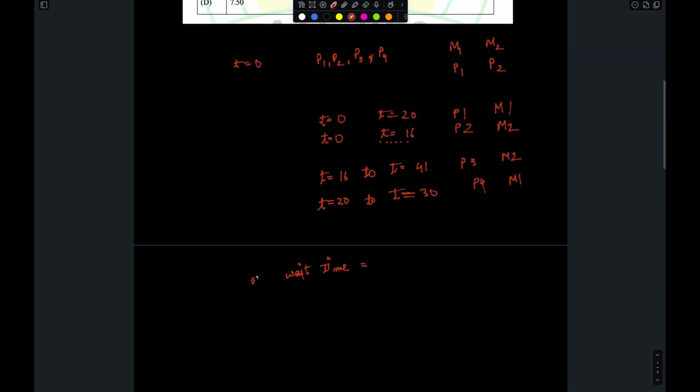Now to calculate the average wait time, what we have to do is subtract the arrival time of the process from its start time, and it's a summation because we are doing it for all the processes.